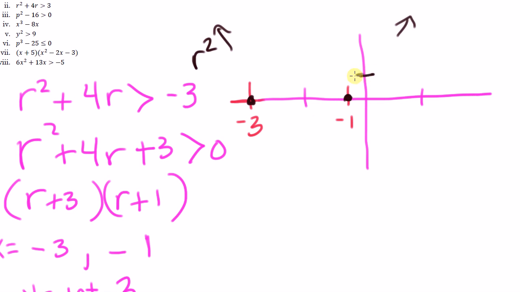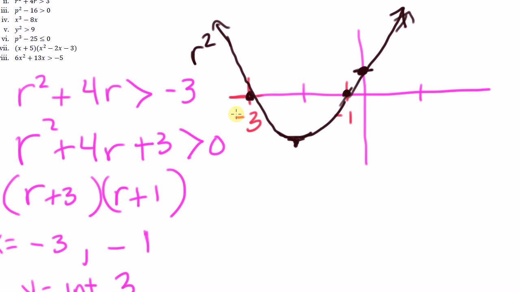The y-intercept is at 3, so there's 3, and there'll be a vertex somewhere down here. If we wanted to, we could figure that out. We're going to go down through this vertex, wherever it might be, up through that point, and off to infinity. So the question is when is this guy greater than 0?